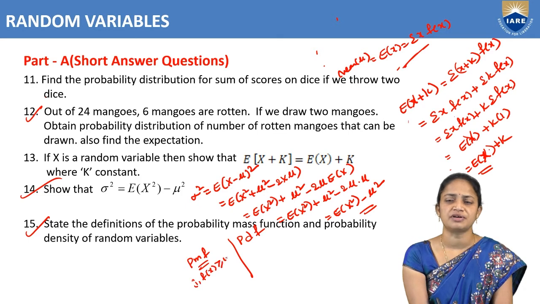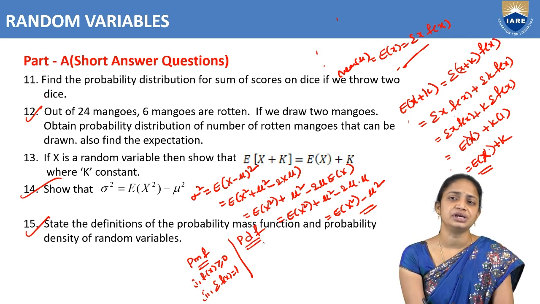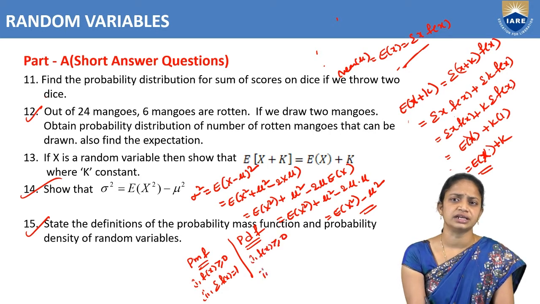The first property is f of x greater than or equal to 0, and the second property is summation f of x equal to 1. For the probability density function, x is a continuous random variable, then the function f of x is said to be a probability density function. The first condition is f of x greater than or equal to 0, and the second is the integral from minus infinity to infinity of f of x dx equal to 1.